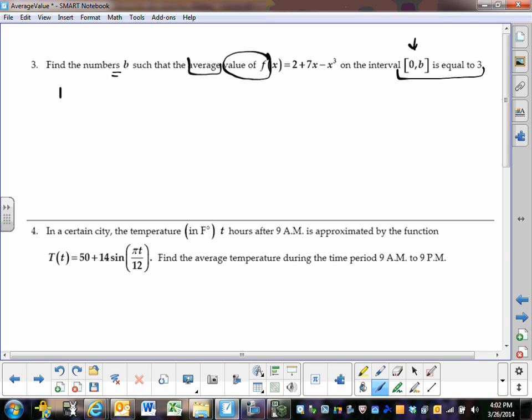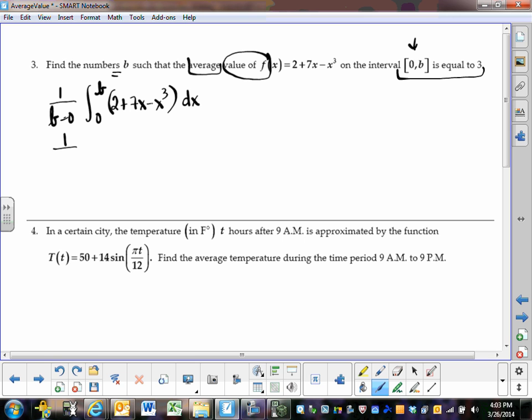So the average value on that interval is 1 over b minus 0 from 0 to b, 2 plus 7x minus x cubed dx. So again, we have height times base divided by base. So this is where it becomes really crucial that you have the understanding that the dx is required. That's not an optional part of this equation.